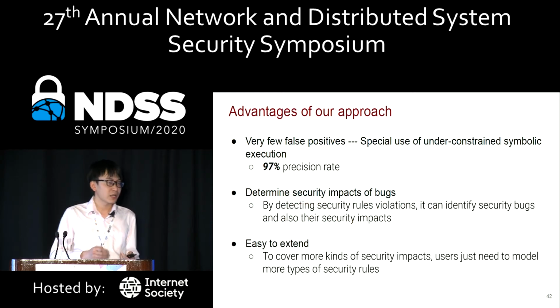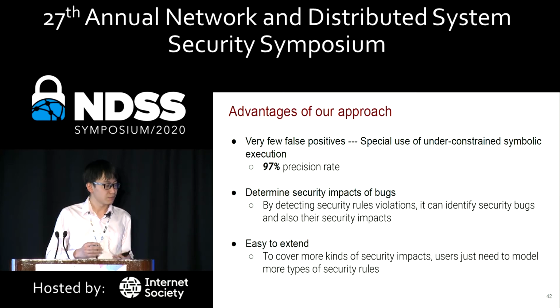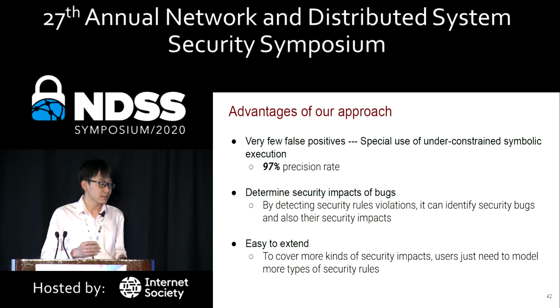The advantages of this approach are mainly three aspects. The first one is a very low false positive rate. The second one is that we can determine the security impact precisely. Third, this approach is easy to extend, because to cover more kinds of security impacts, we just need to model more types of security rules symbolically.